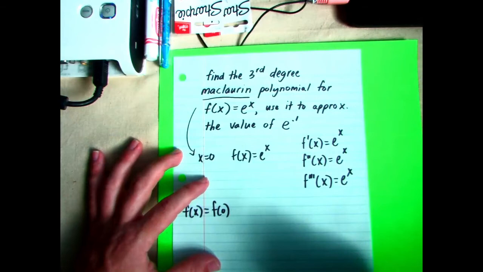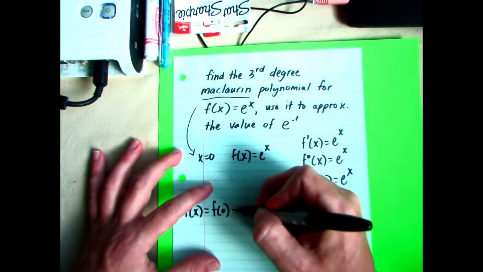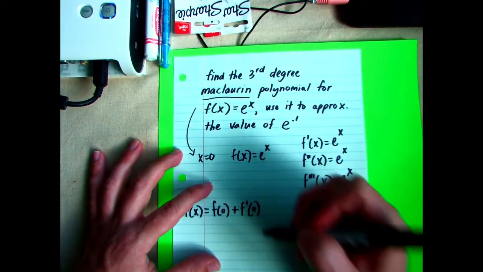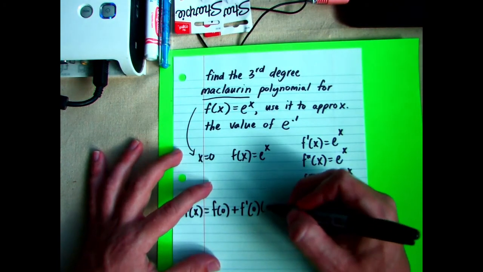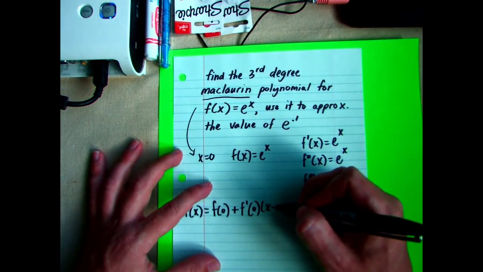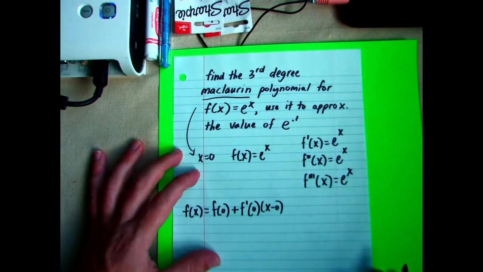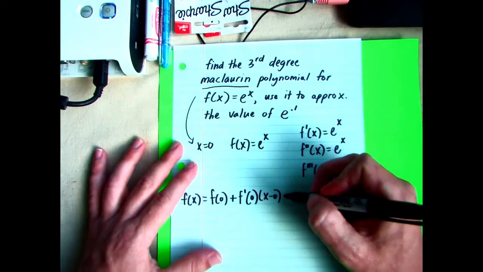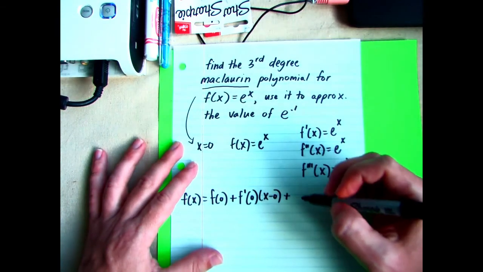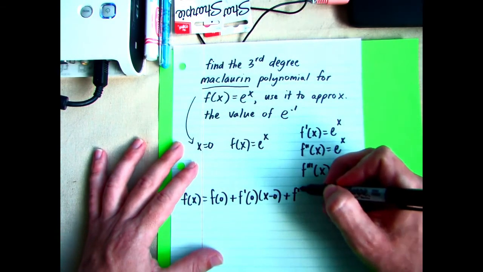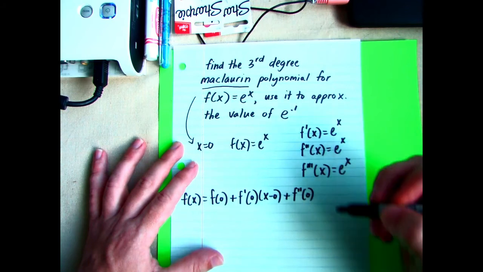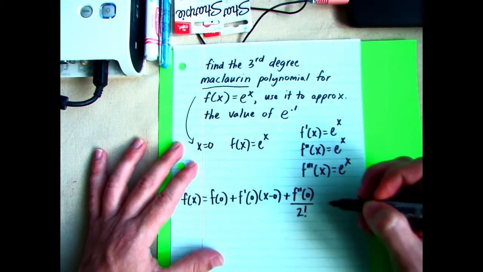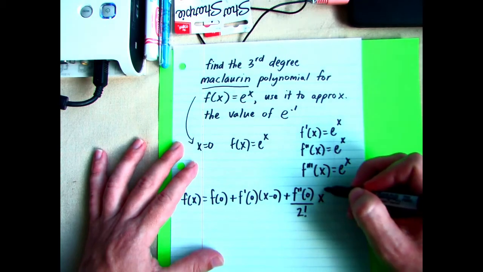First, I need f of 0 plus f prime of 0 times x minus 0 plus f double prime of 0 all over 2 factorial times x squared.